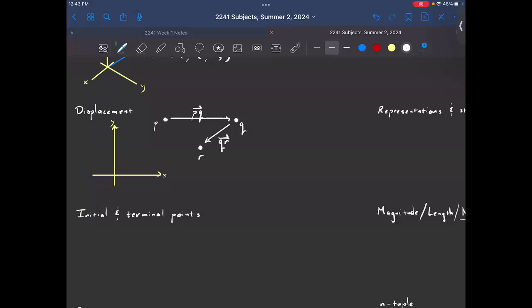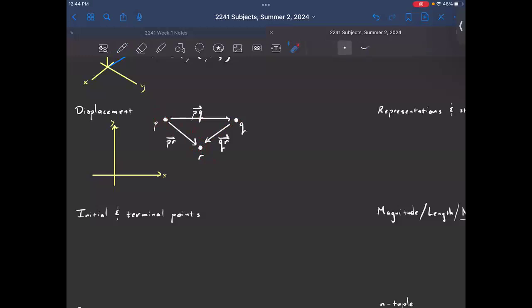How has my position changed from P to R? Well, I could also just have drawn a straight line from P to R. I didn't have to do the trip to Q first. So this is the vector P to R, and that is my total displacement vector over the entire trip. So I walked this way and then this way, but I could have also done this, and that would be my total displacement.